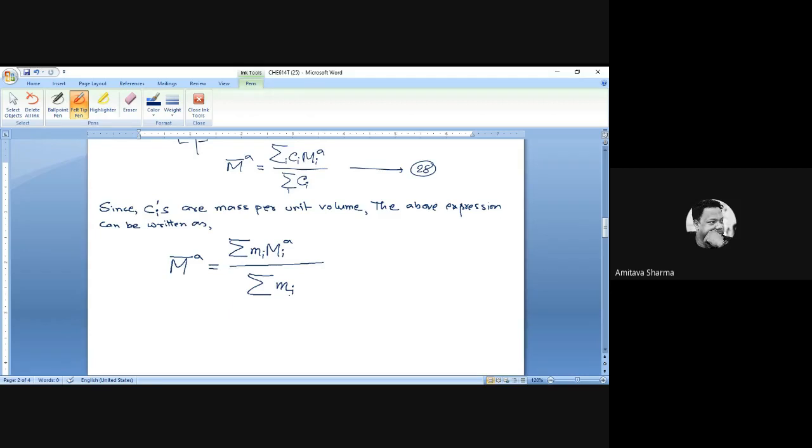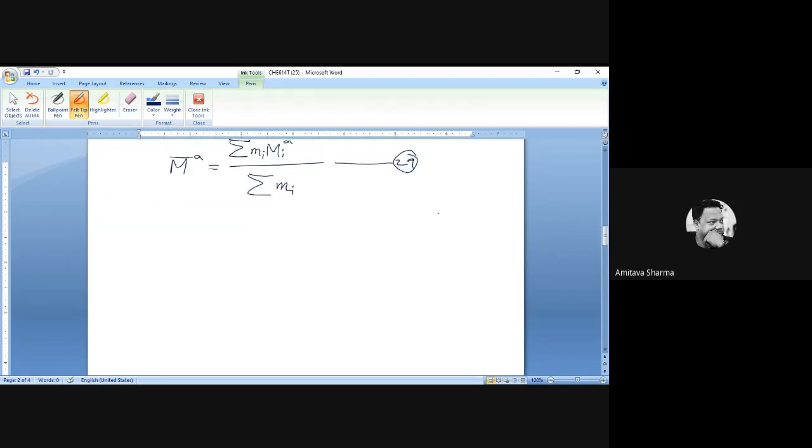What is mi? mi is the mass of the ith category of the molecule. So this is equation 29. So what is mi?